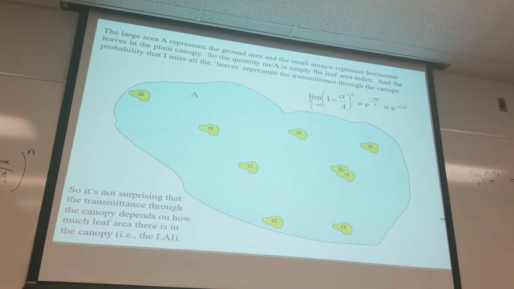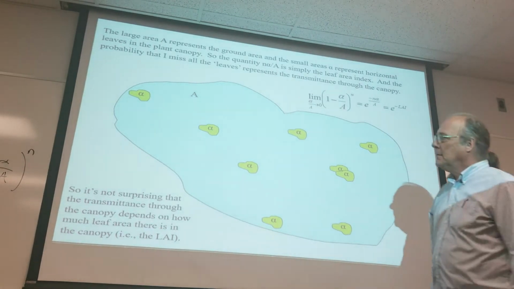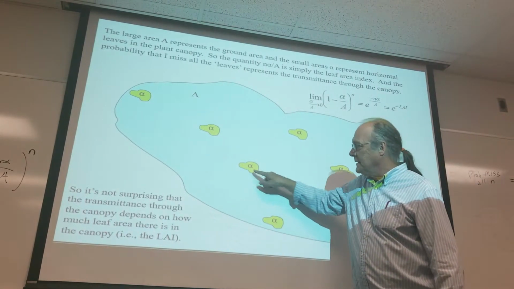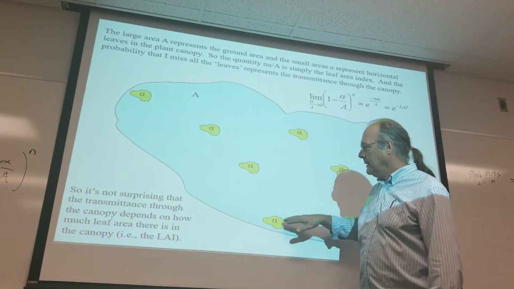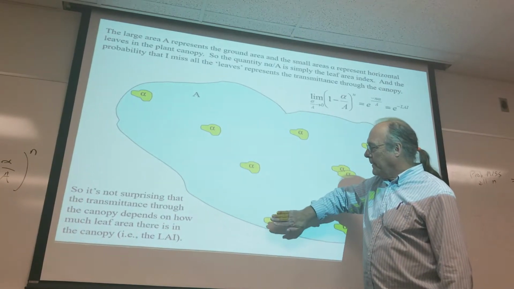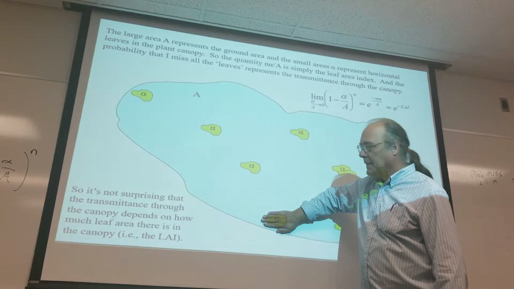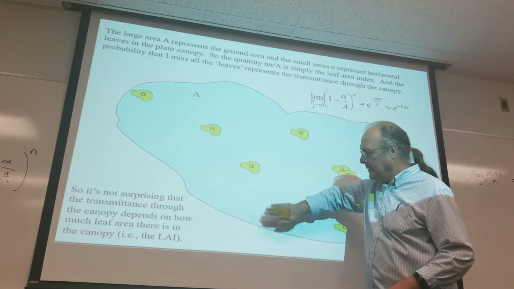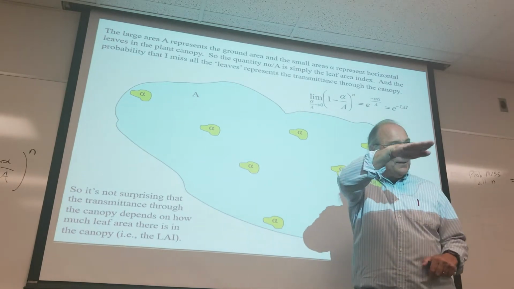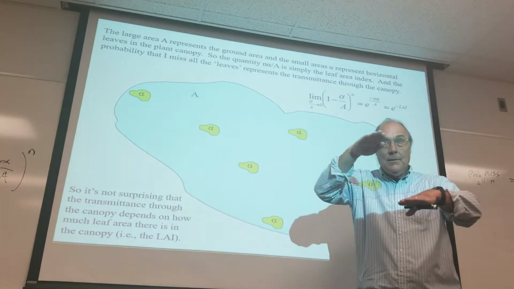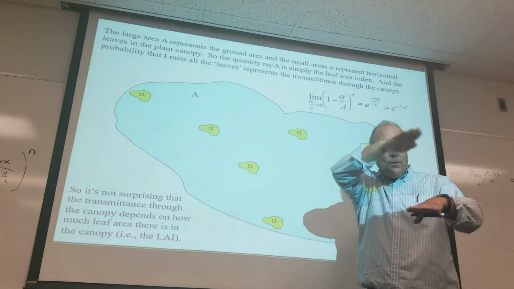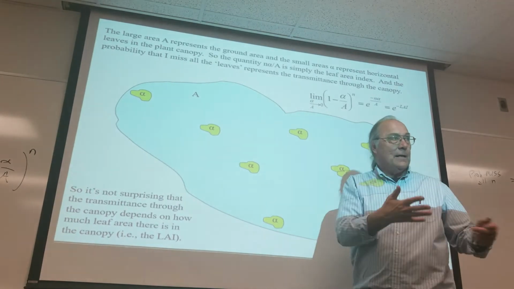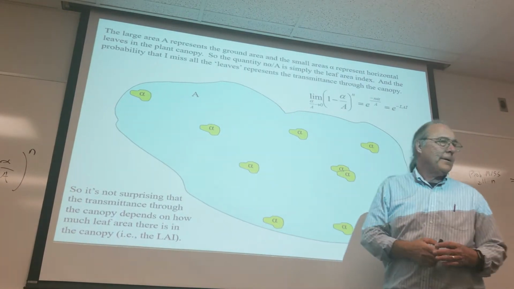But we've had some assumptions here. One assumption is that each of these leaf areas is in the same plane as the ground, or not in the same plane, but at least parallel. It's horizontal, just like the ground is horizontal. We're assuming these areas A are horizontal. And that's not very realistic for a plant canopy.